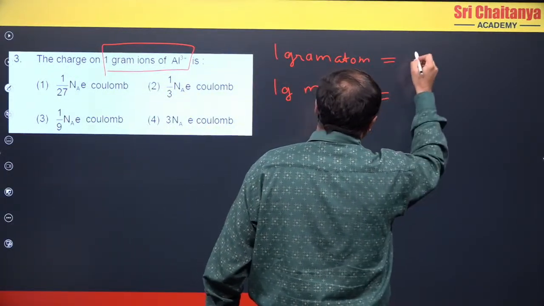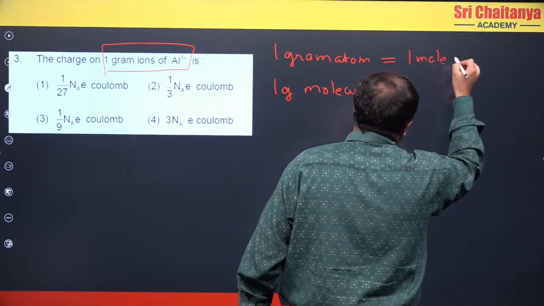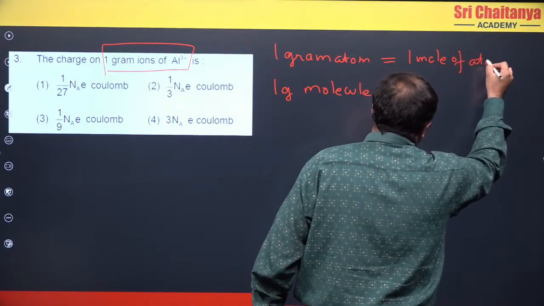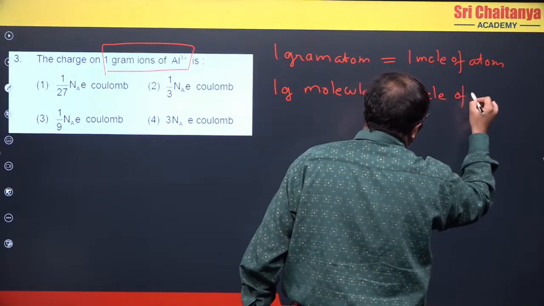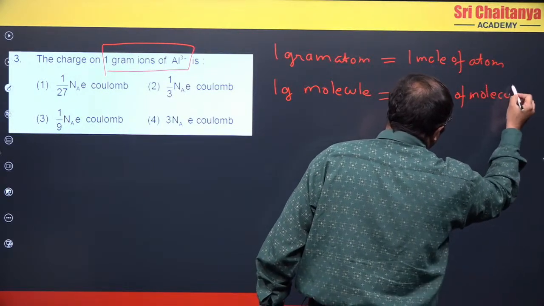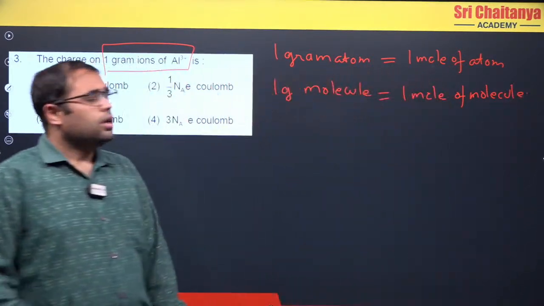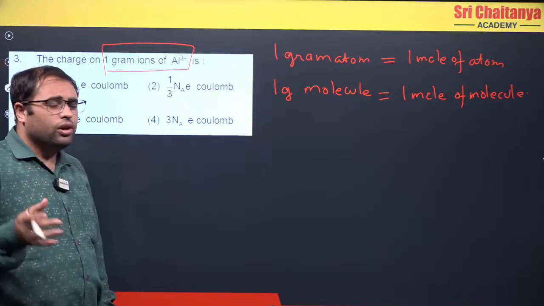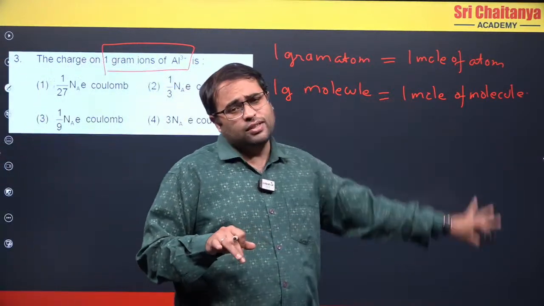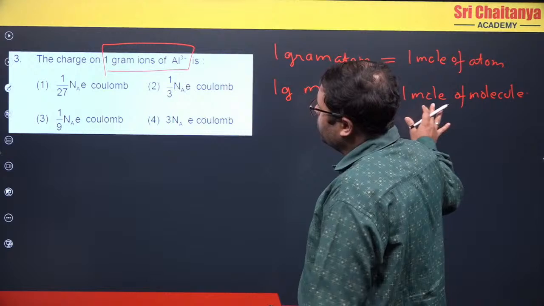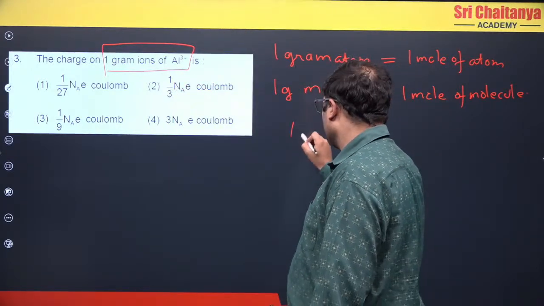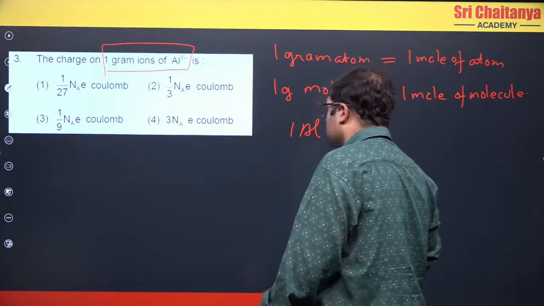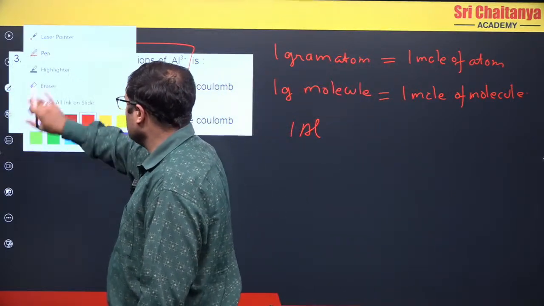It is exactly same as 1 mole of atom and 1 mole of molecule. Okay, right? Gram atom, gram molecule it literally means 1 mole. So if it means 1 mole, so 1 mole of aluminium. So let us see this, 1 minute.